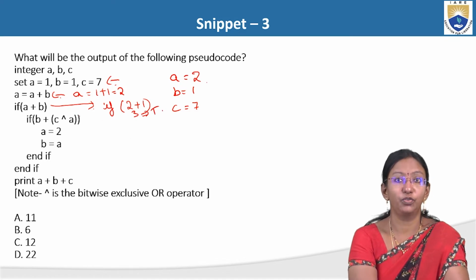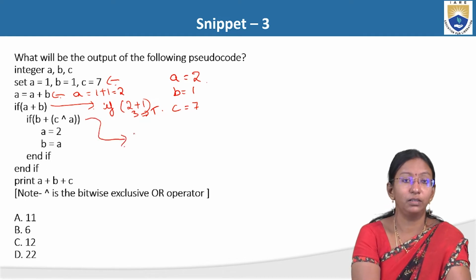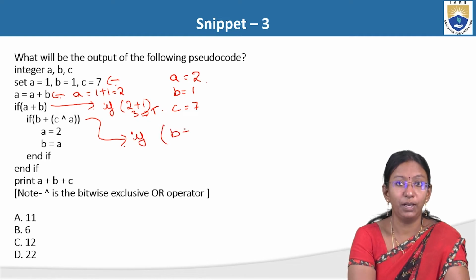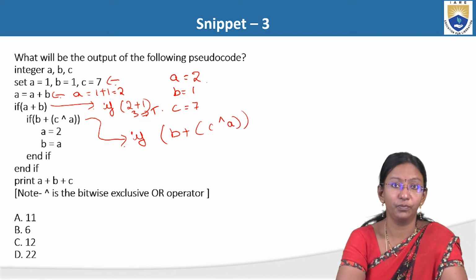If the condition is true, it is going to enter into the body. So the body of the outer if is another if statement. Let's evaluate this one. So it is talking about B plus C XOR A. So here 2 operations are there.